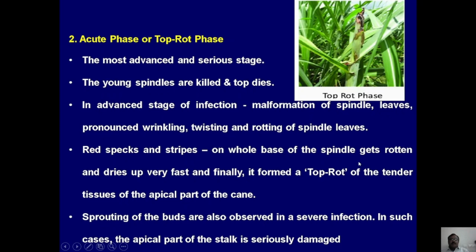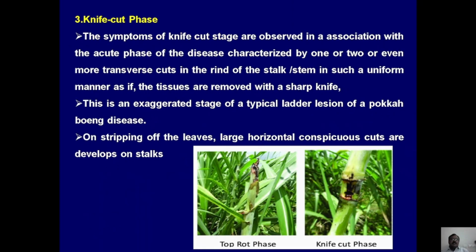The affected spindle gets rotten and dries up very fast, and finally it is termed top rot, and the tender tissues of the apical part become completely rotten. Sprouting of buds is also observed in severe cases of infection, and in such cases the apical part of the stalk is seriously damaged.